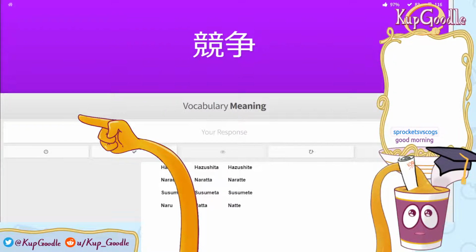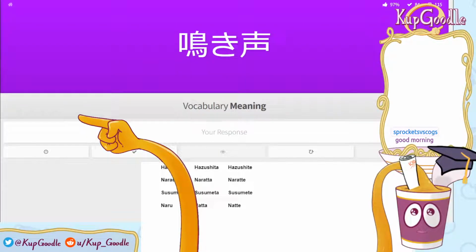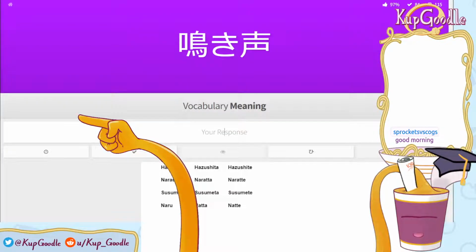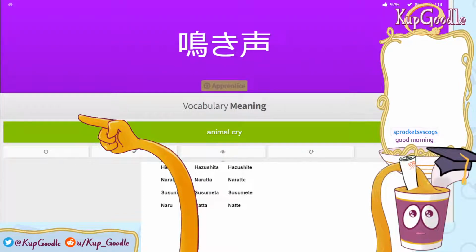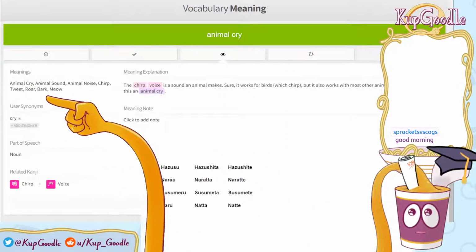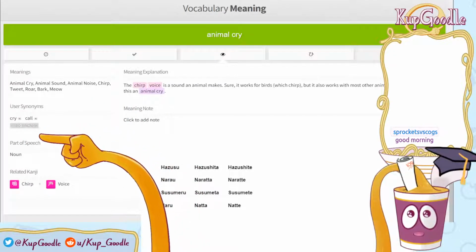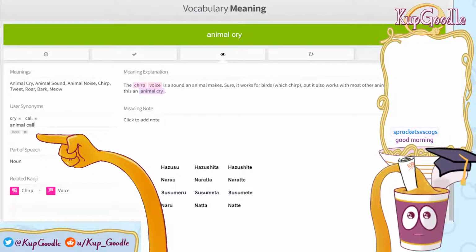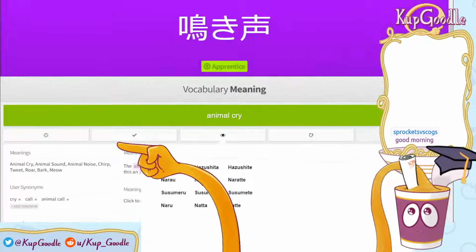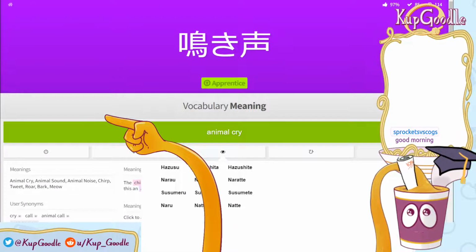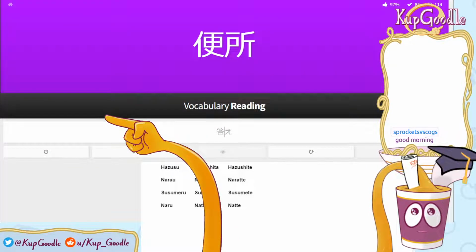Kyoso. Together compete. It's just competition. Or compete, conflict, something like that. But it just means competition. Nakigoe is a cry, an animal cry. Cry, animal cry, animal call. Let's say a call and an animal call. Benjo.